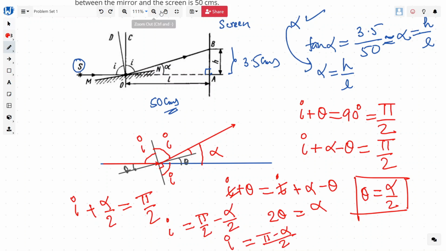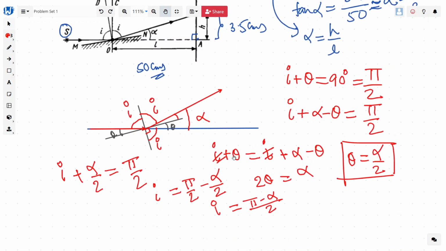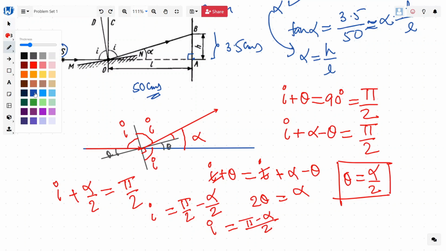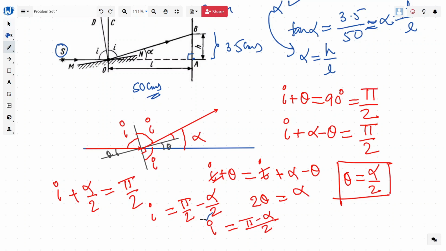So now we know this angle I can be found by using this equation. We already have it here. So let's change that a little bit. We have this here. We know pi is 180 divided by 2, and we know the alpha here.